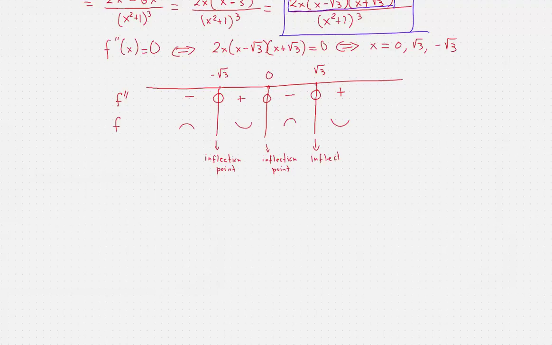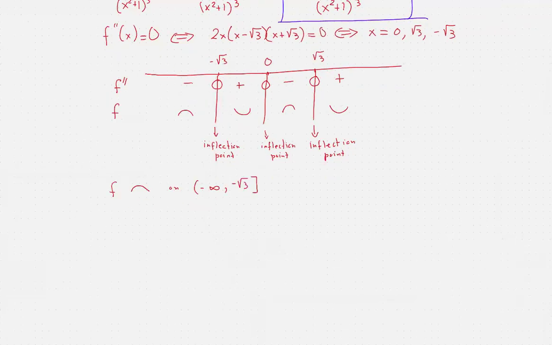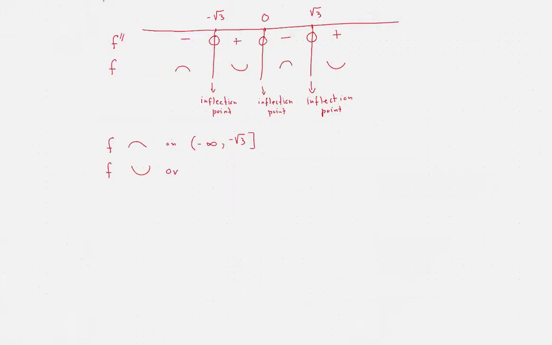And we can say that f is concave down on the interval from negative infinity to negative square root of 3. We can always make that closed for a continuous function. F is concave up on the interval from negative square root of 3 to 0, closed both ways.